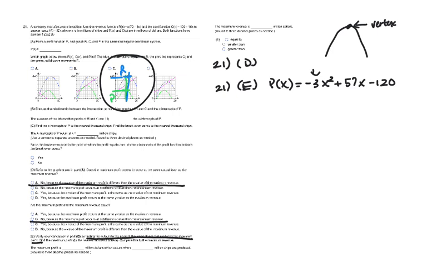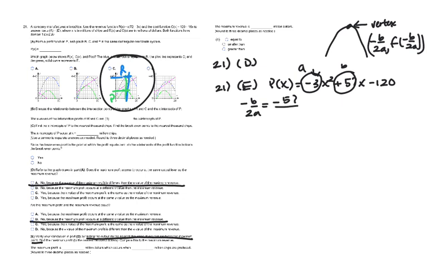The simpler way to find the vertex in this case is to find negative b over 2a, and then f of negative b over 2a, instead of completing the square. So we have negative b over 2a, where a is negative 3 and b is positive 57, so we have negative 57 divided by 2 times negative 3.